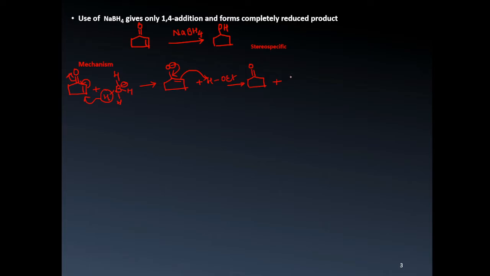And again this sodium borohydride will come and attach to this carbonyl group and formation of O minus, and again it abstracts a proton from ethanol and formation of alcohol.